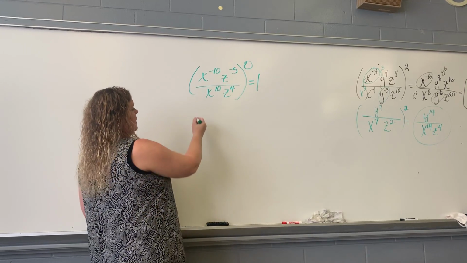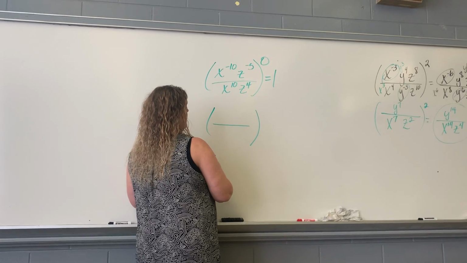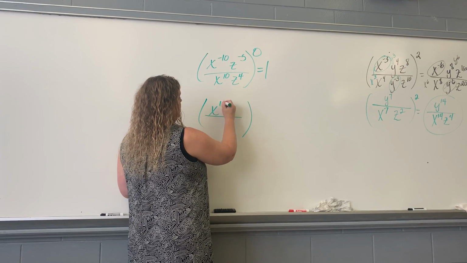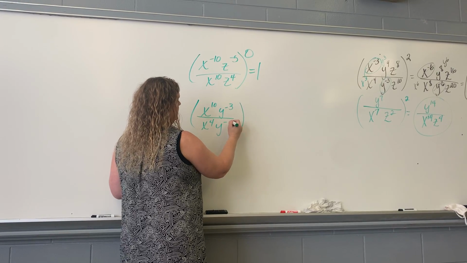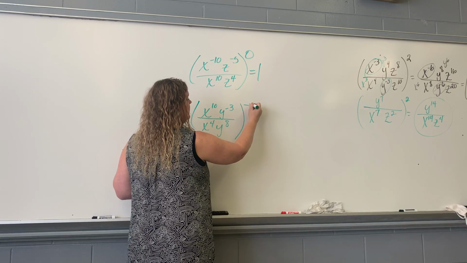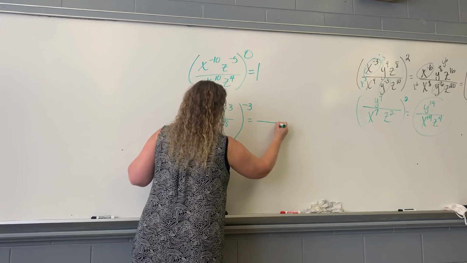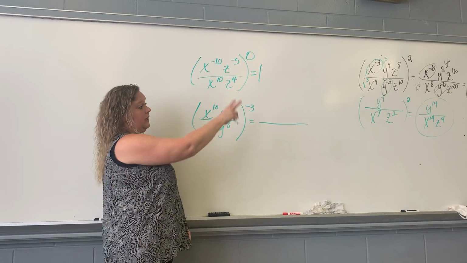Alright, what happens though if my exponent on the outside is also negative? So let's say I have x to the 10th, y to the negative 3, over x to the 4th, y to the 8th, and it's to the negative 3. You can do it either of two ways.